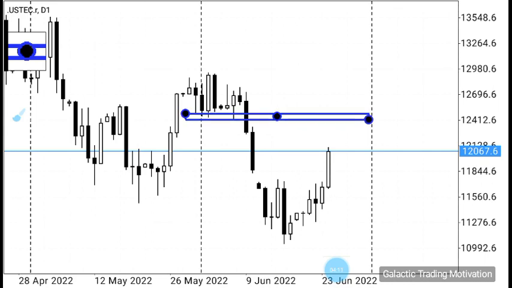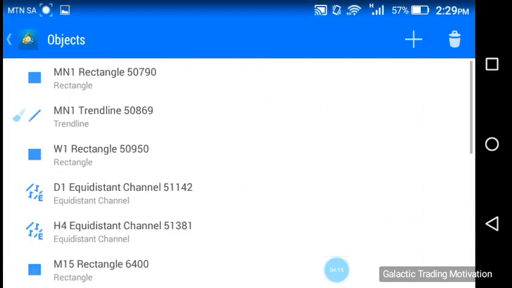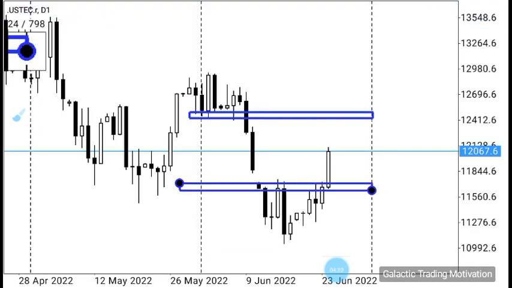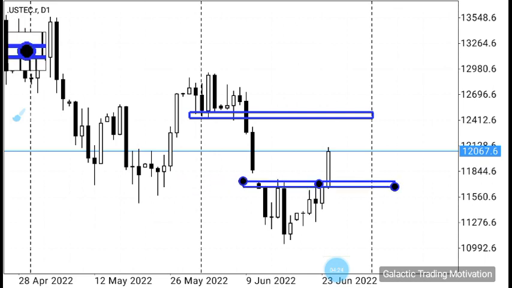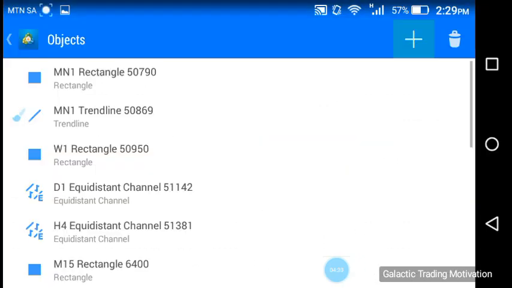There goes my first neckline, and I'm gonna add my second neckline as well. There we go. Right.